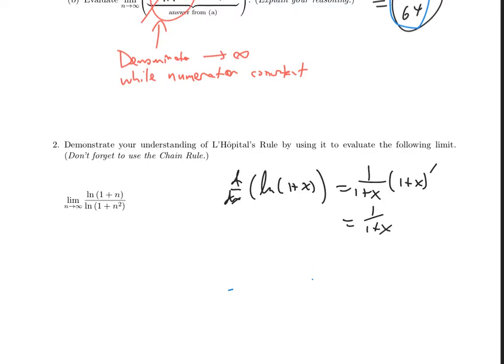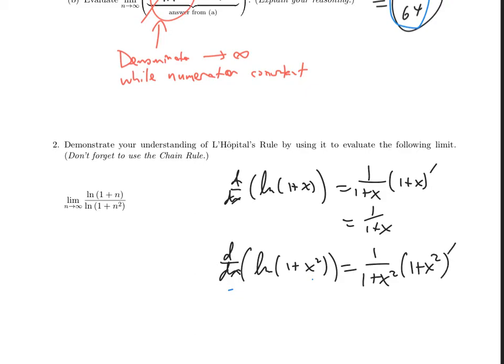So that is the derivative of the log of 1 plus x, but then for the derivative of log of 1 plus x squared, the same thing happens, but the derivative of 1 plus x squared is not just 1, it's 2x. So I'll have 2x over 1 plus x squared. So that's the derivative of my numerator and denominator.